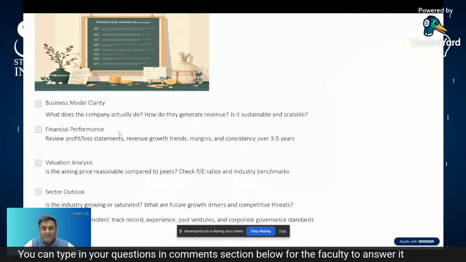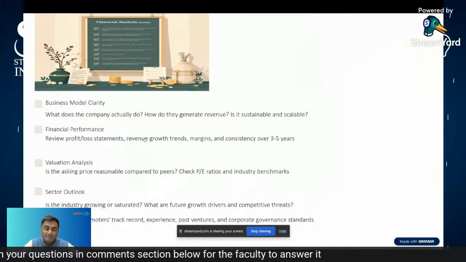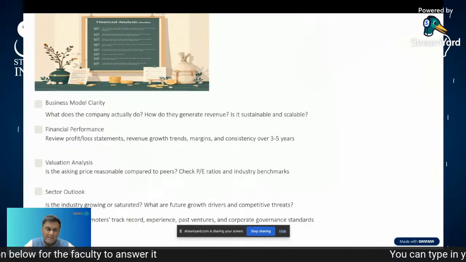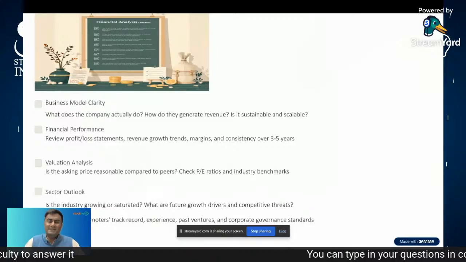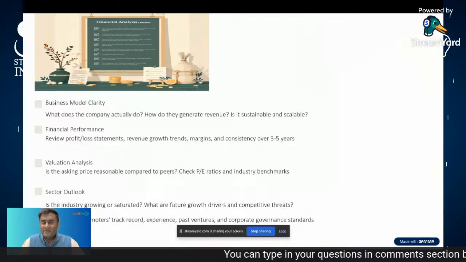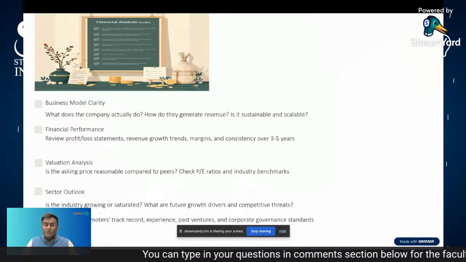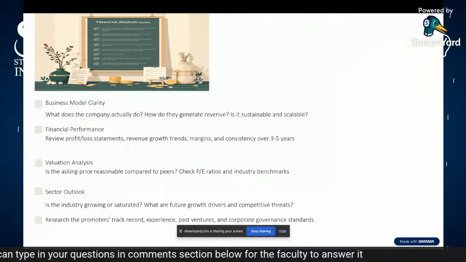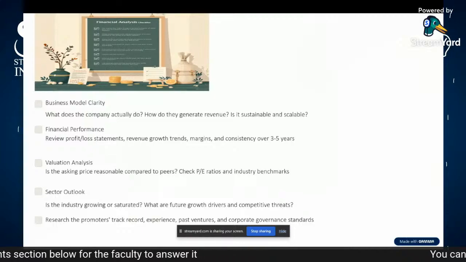Then we have the financial performance as well. This is basic research. We need to study the balance sheet, the profit and loss statement, revenue growth trend. Is it really on the growth path or not? Are the margins consistent?